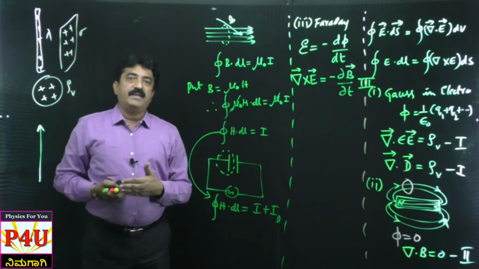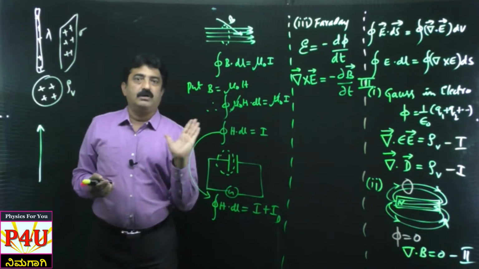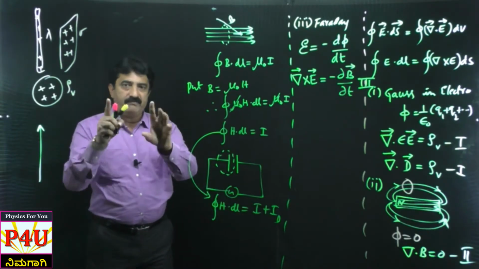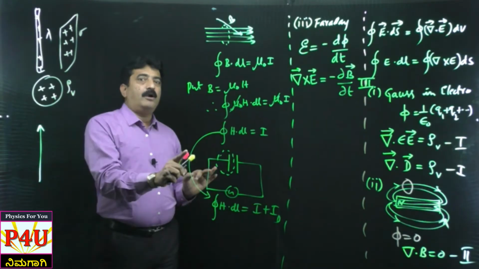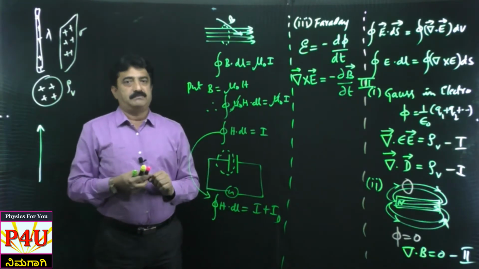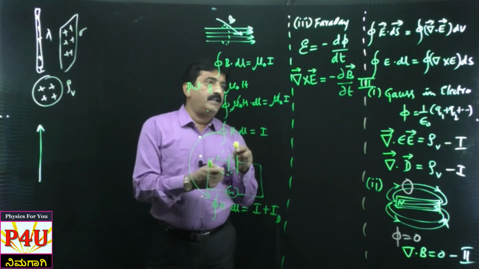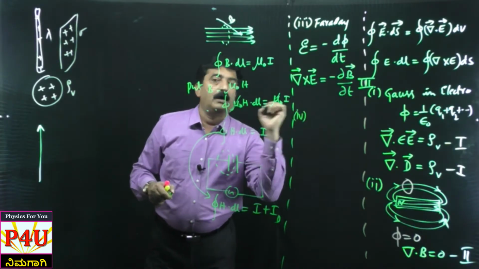What is that modification? The introduction of displacement current. Are you following? What is displacement current? I will tell you later on. See, displacement current is one of the important parameters introduced by Maxwell. And from this equation, we can comfortably write the fourth Maxwell formula.